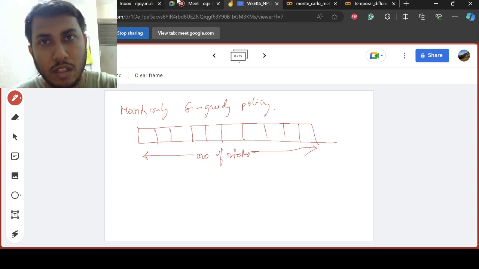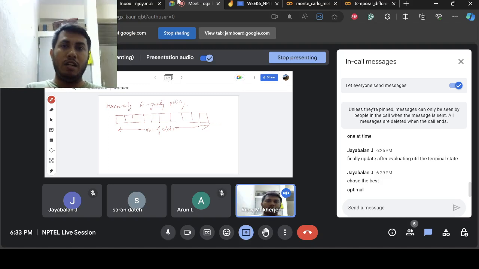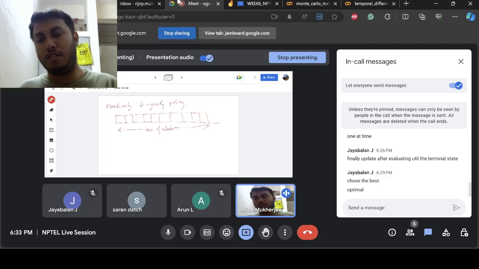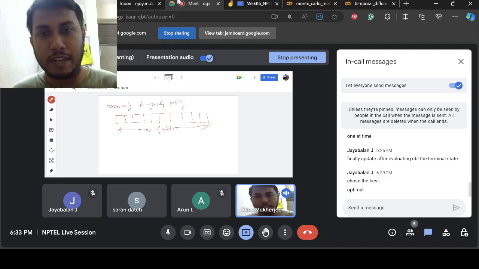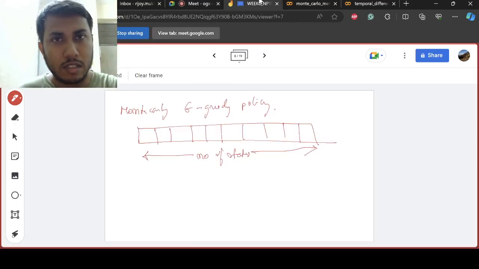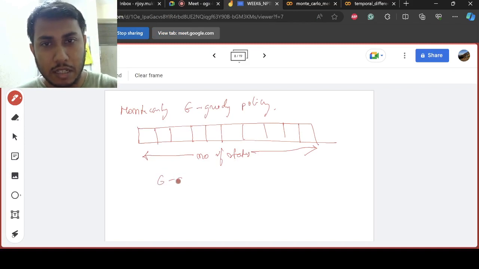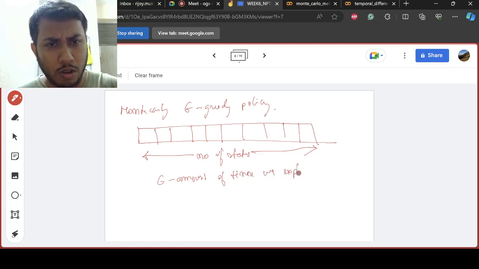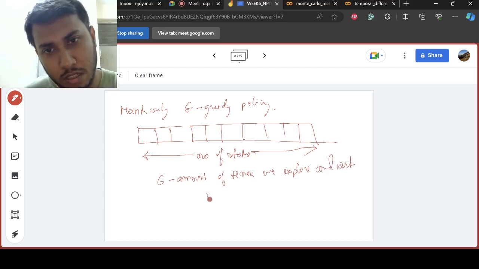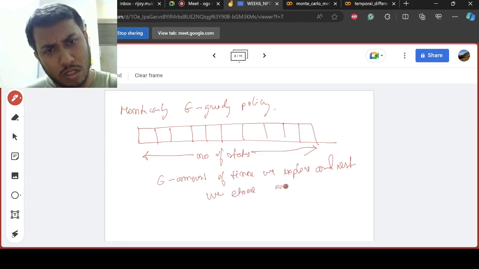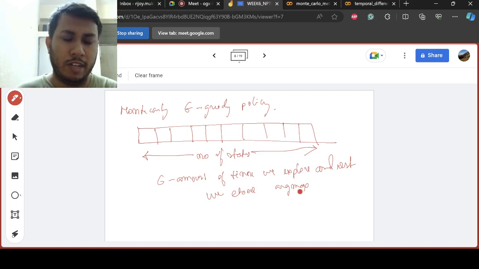So what does epsilon greedy Monte Carlo do? What does the algorithm say? The algorithm basically says that epsilon amount of time we explore, and the rest of the time we choose the maximum value.